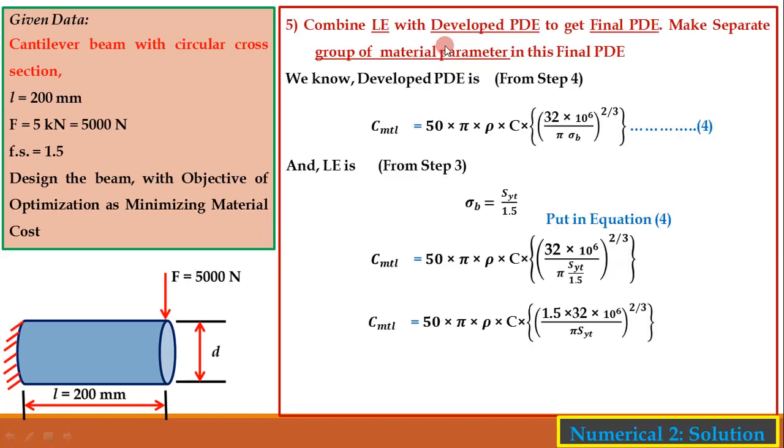You can see here rho, the density, is a material parameter, C, the material cost per kg, is a material parameter, and SYT is a material parameter. So we have to group these together, rho, C and SYT, and take the remaining constants outside the bracket.